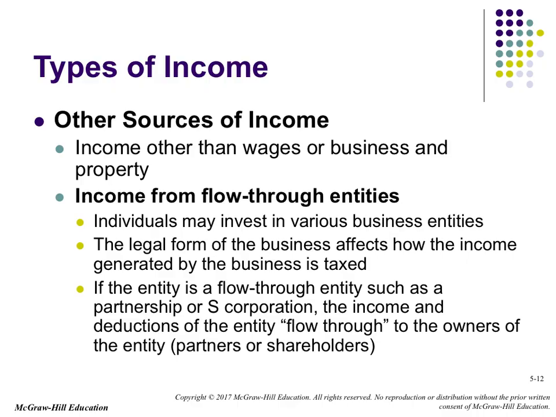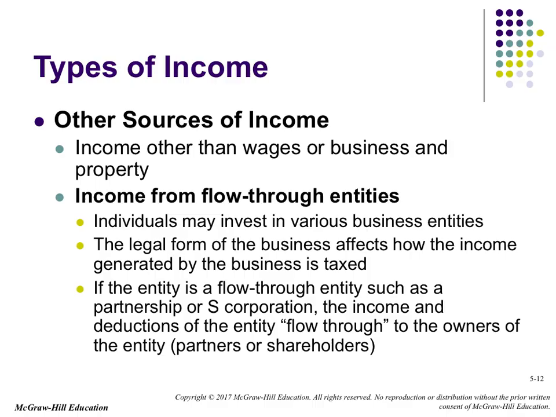All right, so what do we have from other sources of income? Well, so income from flow-through activities. And we've already talked about these to a certain extent, right? And this is why we had to talk about Chapter 15 prior to Chapter 3 and 4 and 5, right? So that you understood what a flow-through entity was. So we can invest in various types of business entities.